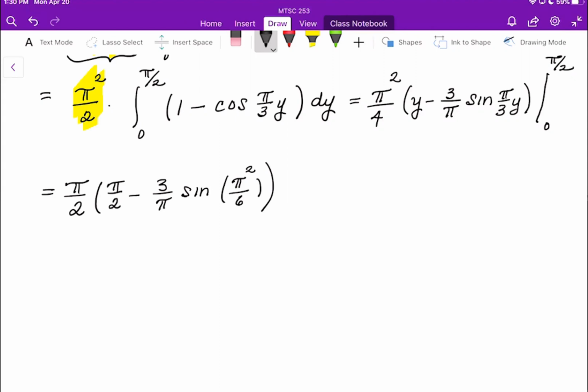Oh, I just made it look nicer in my notes. I just made it look like pi over 4 times pi squared minus 6 sine of pi squared over 6. Okay. All right, any questions about that?